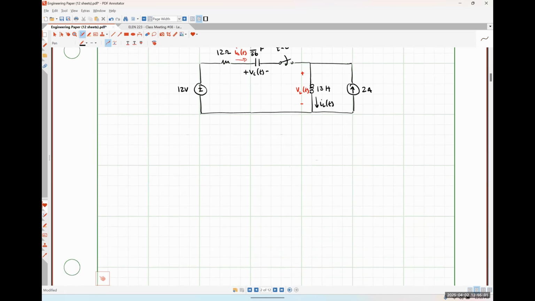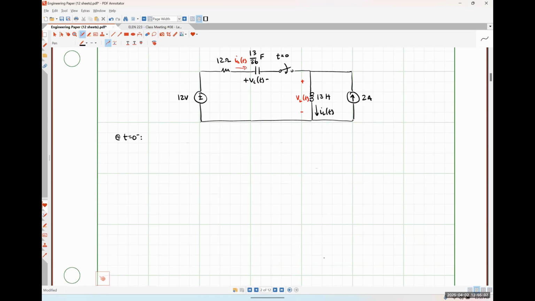Our analysis, so at t equal to 0 minus, we have that switch right there open circuited, right? So our circuit would look something like this. Here is our 12-volt source. Here is our 12-ohm resistor. This is going to be VC at 0 minus. This is our switch being open at 0 minus.